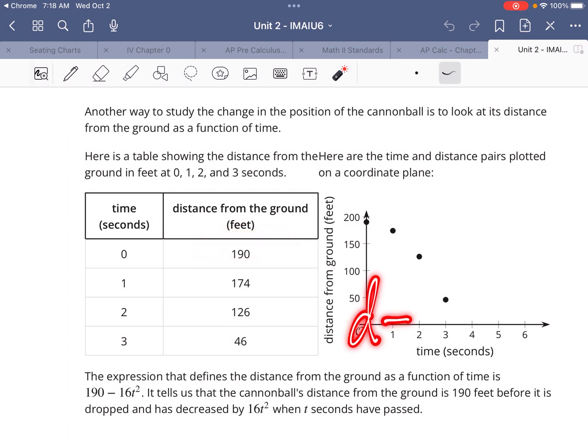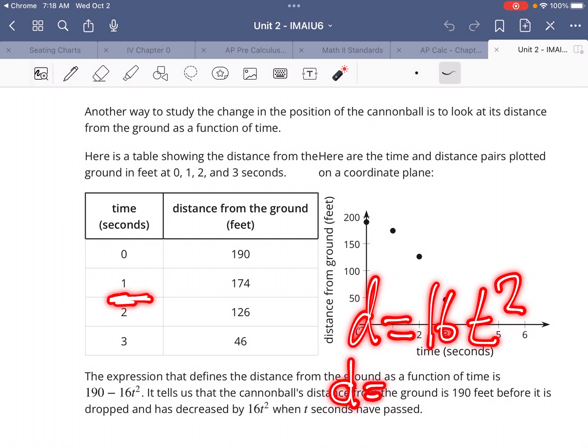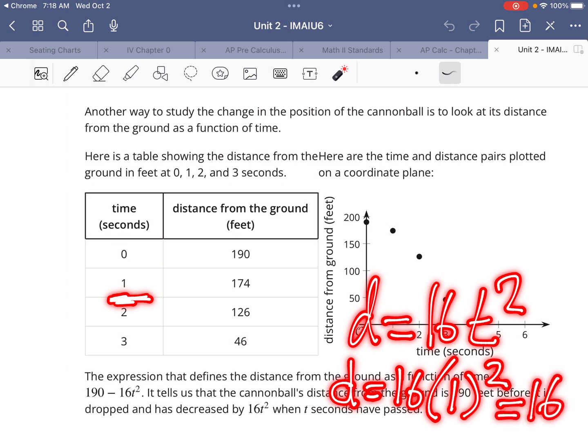And if the distance traveled is 16 times t squared, after 1 second, well, 16 times 1 squared, 1 times 1 is 1, 16 times 1 is 16. So the distance it's traveled is 16 feet. So if it started at 190, and it fell 16 feet, that's where we get this 174.